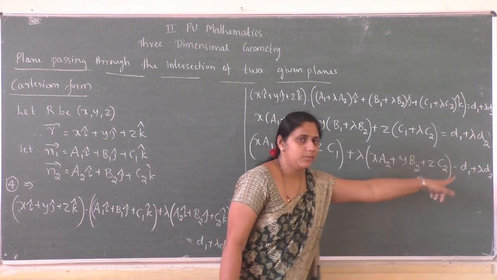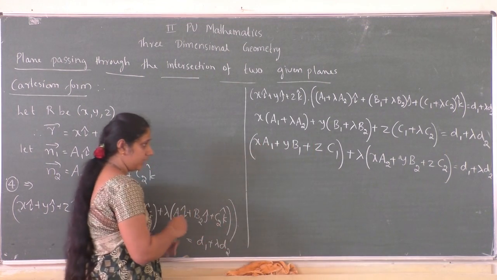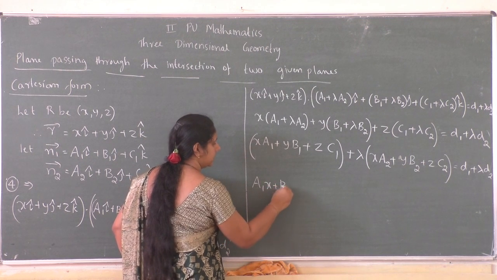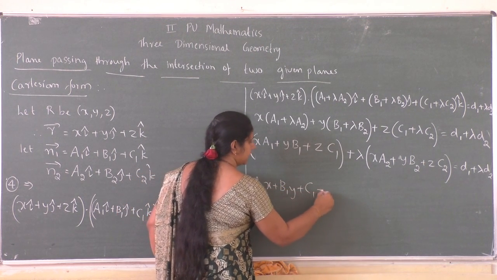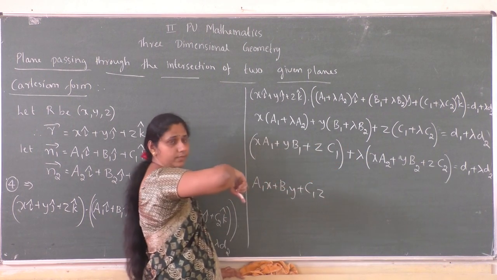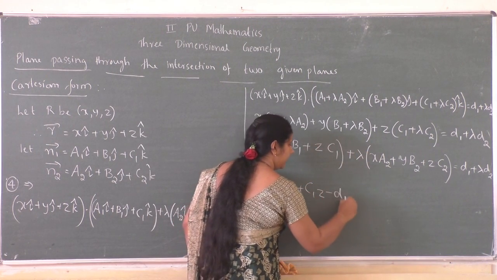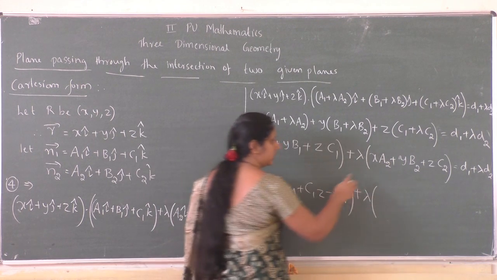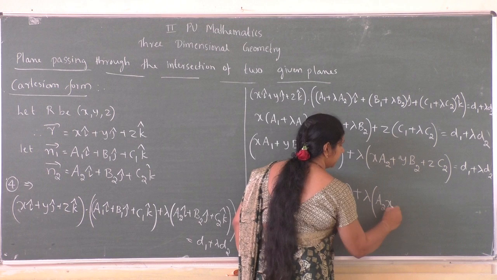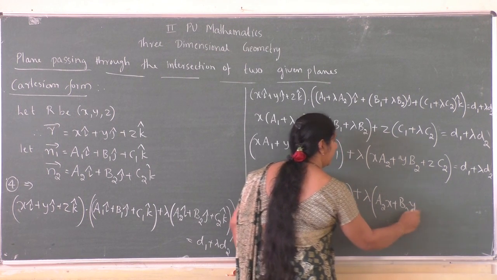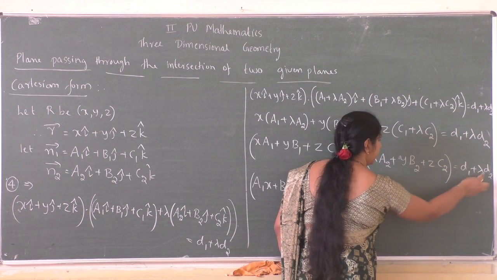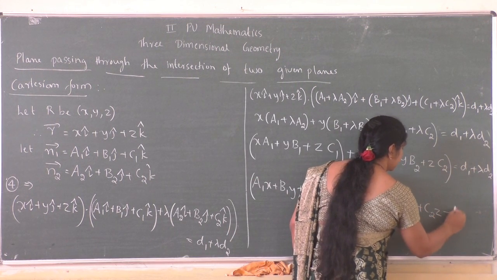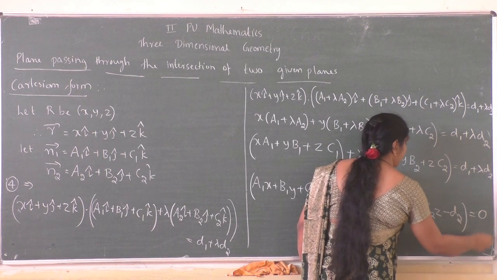Now take that d1 plus lambda times d2 to the left hand side, and on rearranging we get a1x plus b1y plus c1z minus d1, plus lambda into a2x plus b2y plus c2z minus d2 equal to 0.